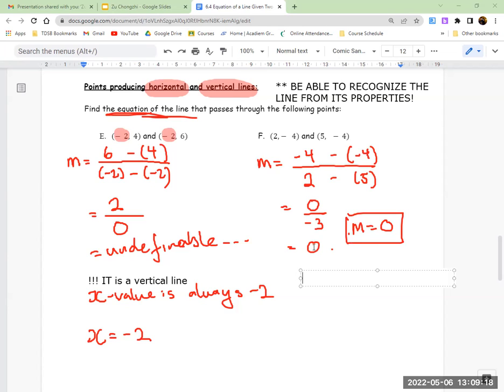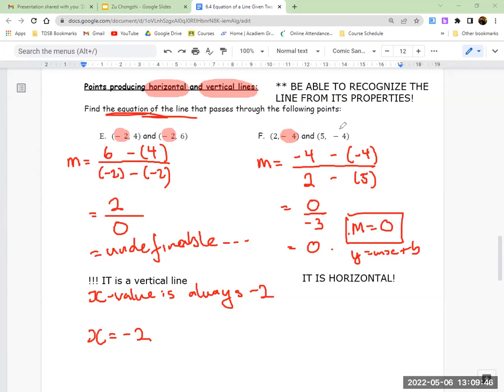Slope is a 0. And if it is going to be horizontal, my question to you is, okay, well, I know y equals mx plus b, so m is going to be a 0. What is the y value going to be for my y-intercept?